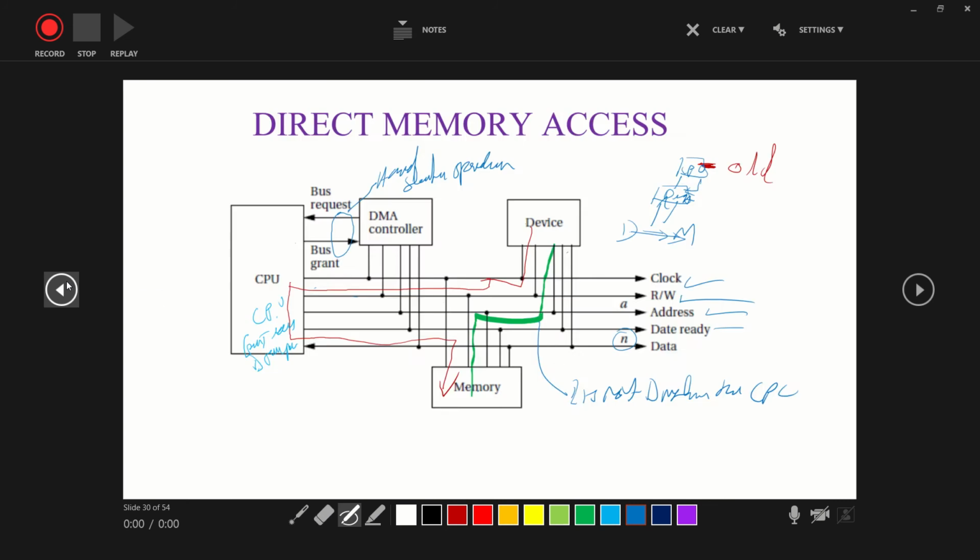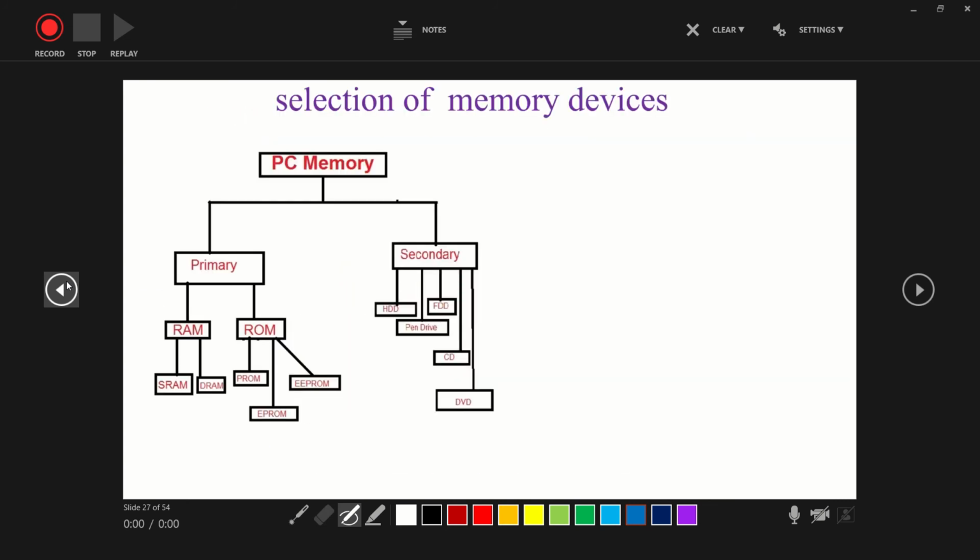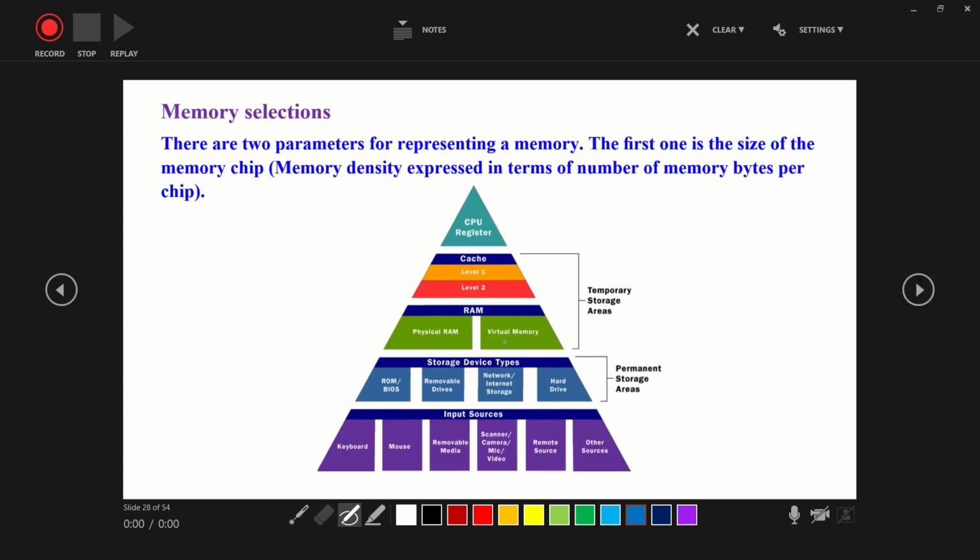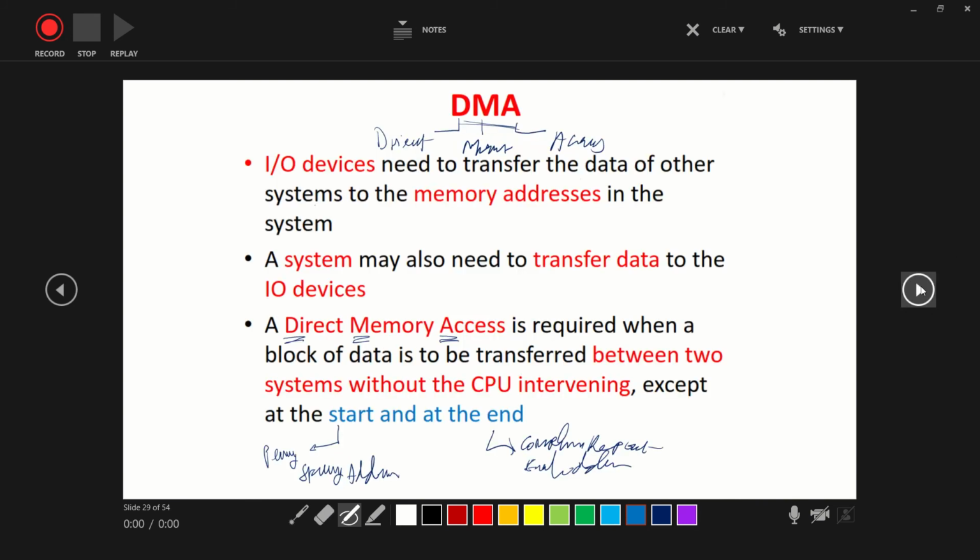During the time of this operation, what is meant by primary memory, and how do we select the memory, the primary memory and the secondary memory. Cache and storage, different types of memory we have already seen.